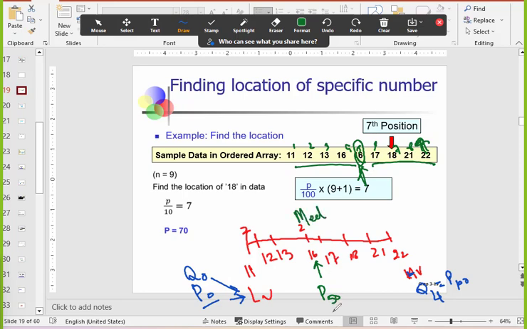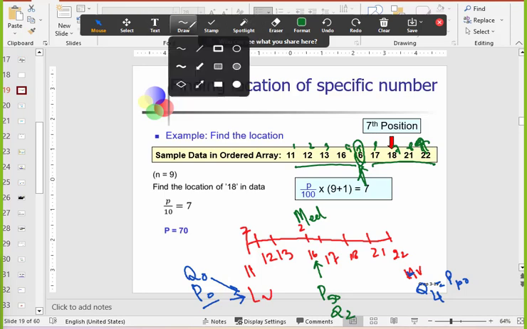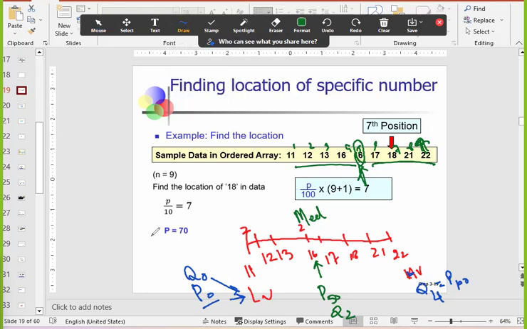Now in this example, what they are doing is he is trying to ask to calculate the location of 18. So you have been given the x and you need to find the p. So the formula was x, you have x, and in this example you have three types of unknowns.